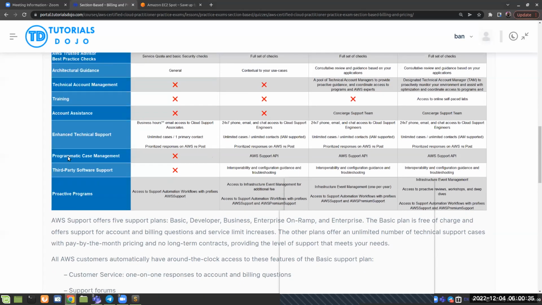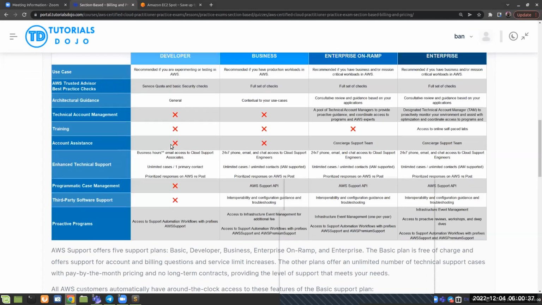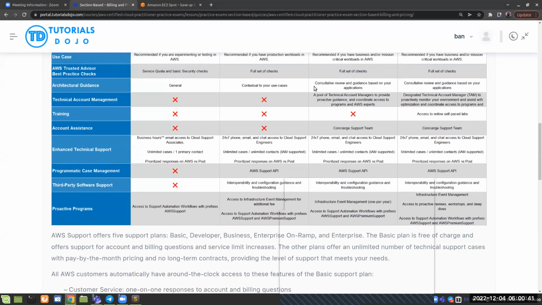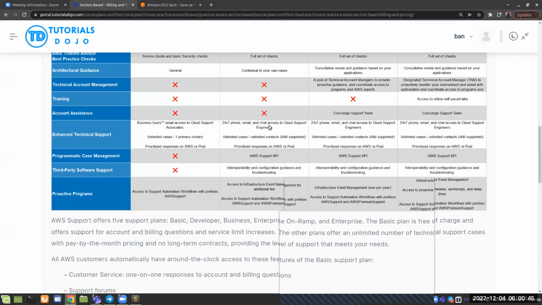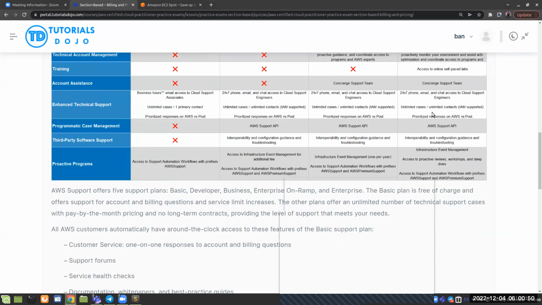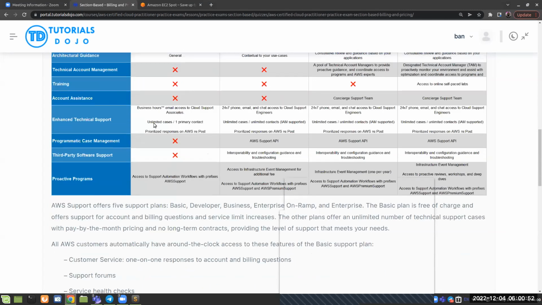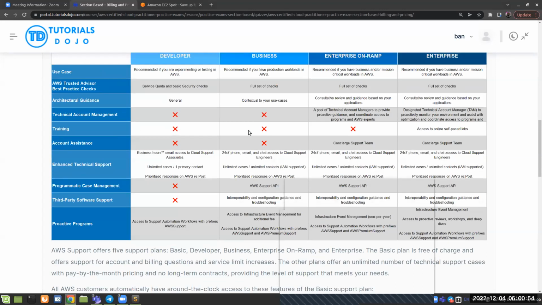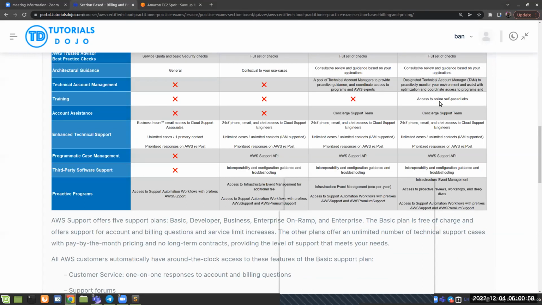Right. So programmatic case management, right? So in the developer case, it does not exist at all. It exists in the business case, and now we have what is called enterprise on RAM. It exists on the enterprise. And remember that when you are moving from left to right, it becomes more expensive.